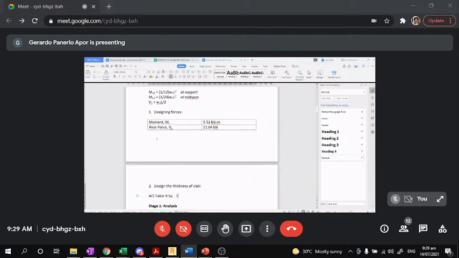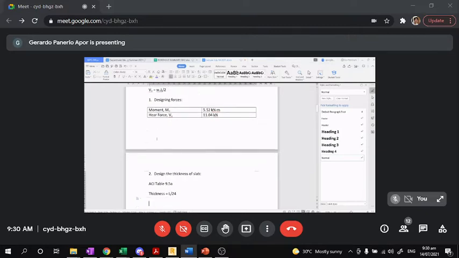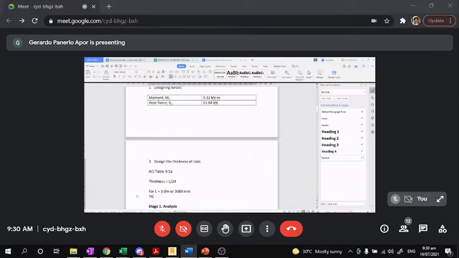So thickness of the slab is equal to L over 24. Okay, so for L equal to 3 meters or 3,000 mm, your thickness is 3,000 divided by 24, and that is equal to 155 mm thick. So that's the thickness of the slab.